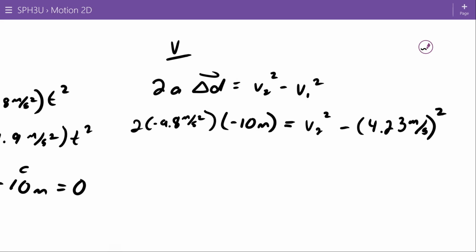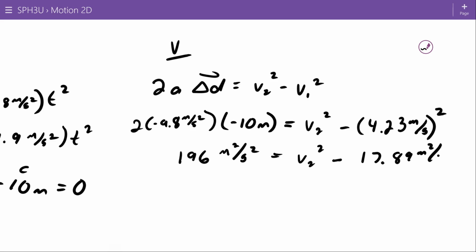So this is going to work out to 196 meters squared per second squared. And that's all of those terms, and the two negatives become positive. V2 squared and 4.23 squared. Remember that minus is outside of the brackets, as I've said a few times now, so 17.89 meters squared per second squared, but the minus remains.